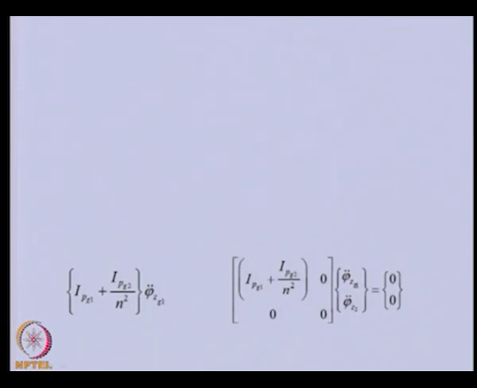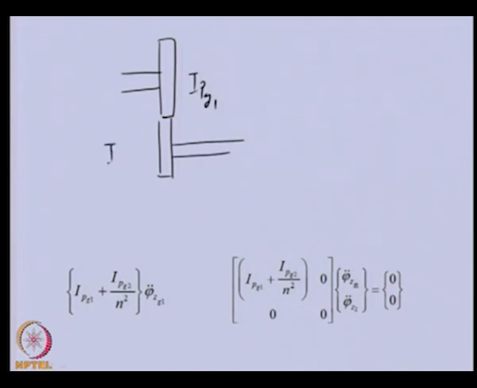So, we have the first gear with this polar moment of inertia, and the second gear with this polar moment of inertia, and these two angular displacements, as we have seen, are related.